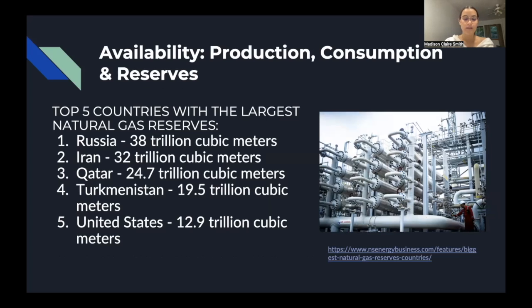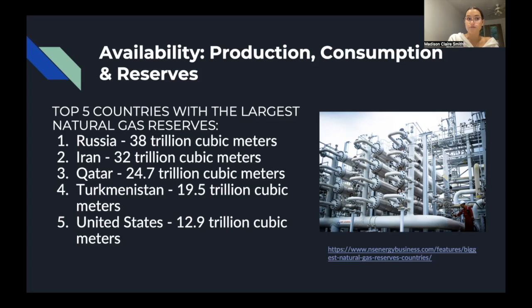Next, in relation to the whole world, globally, the top 5 countries with the largest natural gas reserves. This is where the United States is number 5. Number 1 is Russia, who holds 38 trillion cubic meters of natural gas in their reserves. This is equivalent to around 19% of the world's total reserves.